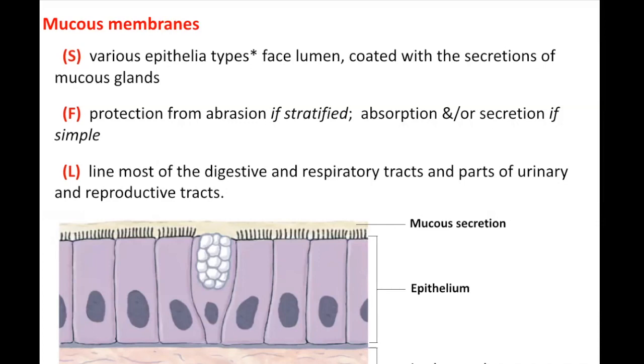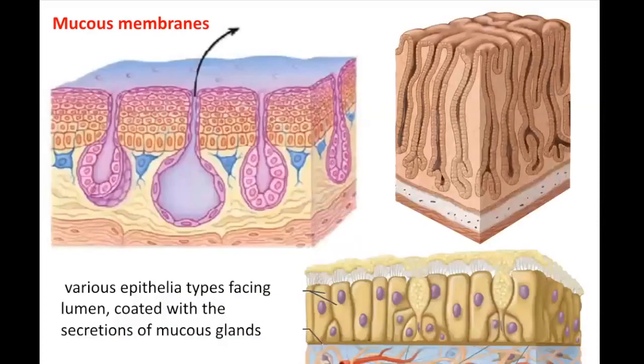Okay, and it has a couple different functions. Here, for instance, might be inside your mouth. Right here, that's stratified squamous. These gland cells are producing something that is going to coat and keep this moist. This is the inside of your stomach. There's a mucus layer on the top right here. This might be the lining of your respiratory tract that's producing a mucus layer there, right? So all of them are going to be referred to as mucous membranes as long as it's wet.